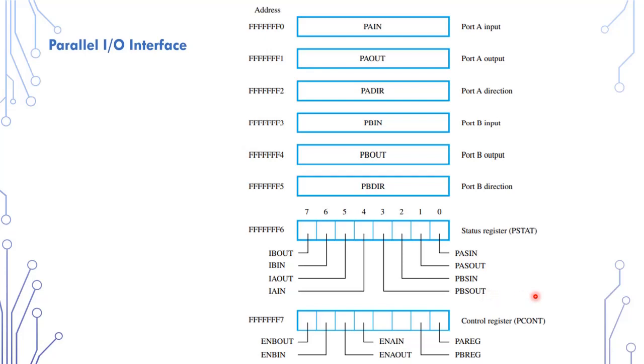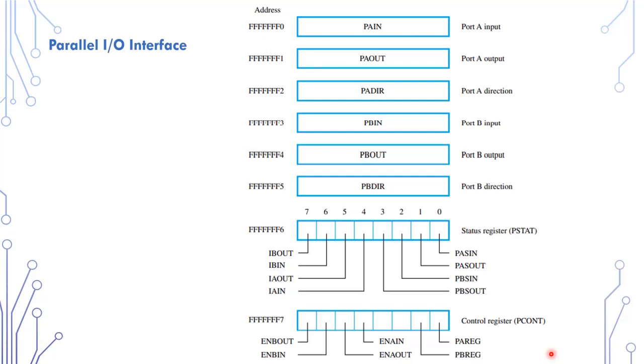The status register also contains 4 interrupt flags. An interrupt flag such as IA in is set to 1 when the interrupt is enabled and the corresponding input action occurs. The interrupt enable bits are held in the control register, PCONT, and an enable bit is set to 1 to enable the corresponding interrupt.